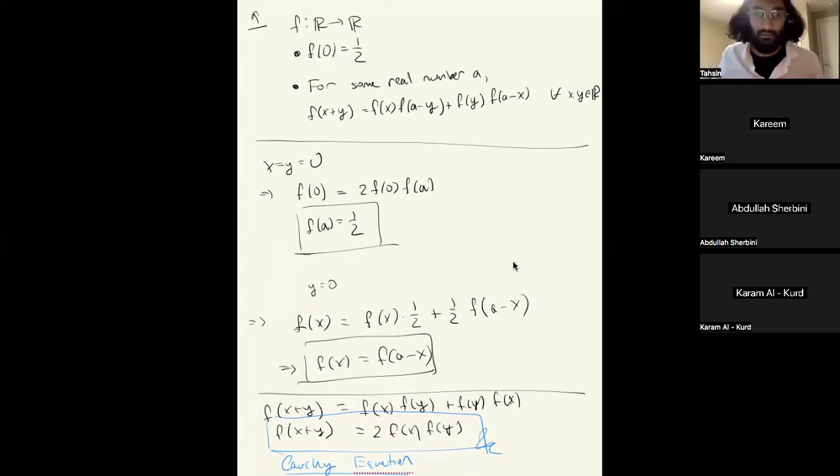Any ideas? Can we do the same thing with the log? Yeah, great. So what do we do with the log? So let's try something like that.